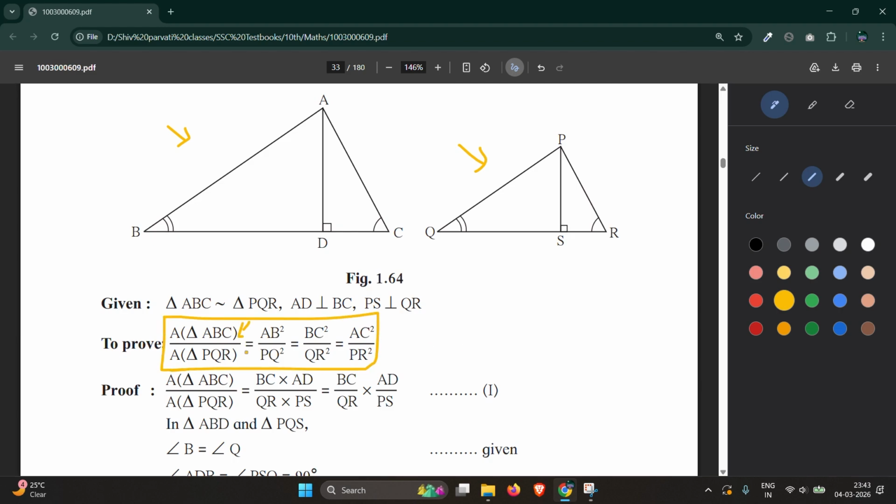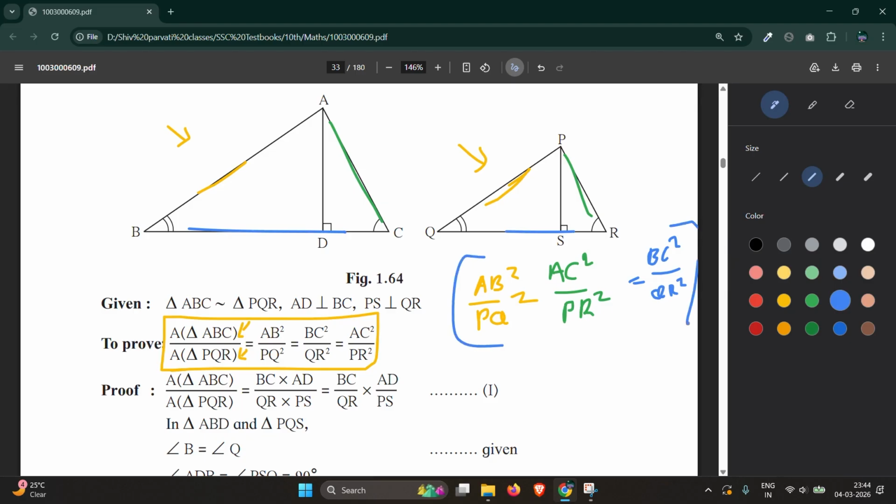So the ratio of the areas of the two triangles can be written as either this squared upon this squared, that is AB upon PQ whole squared, or AC squared upon PR squared, or finally BC squared upon QR squared.